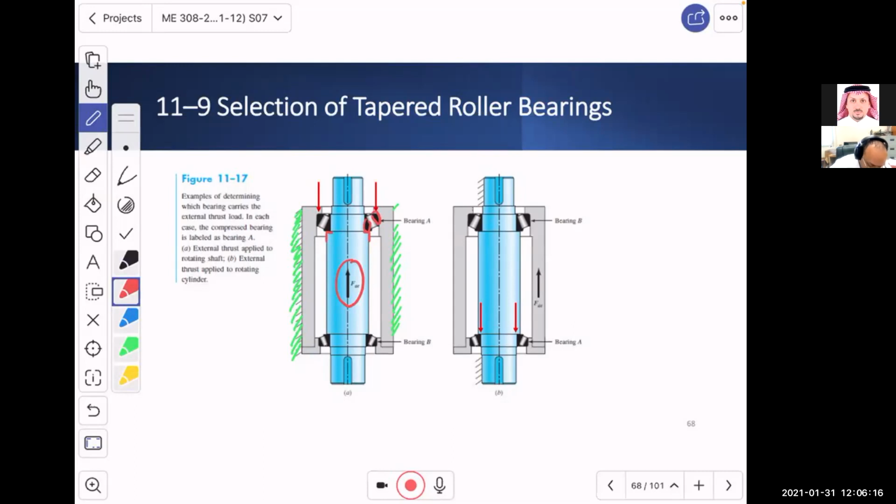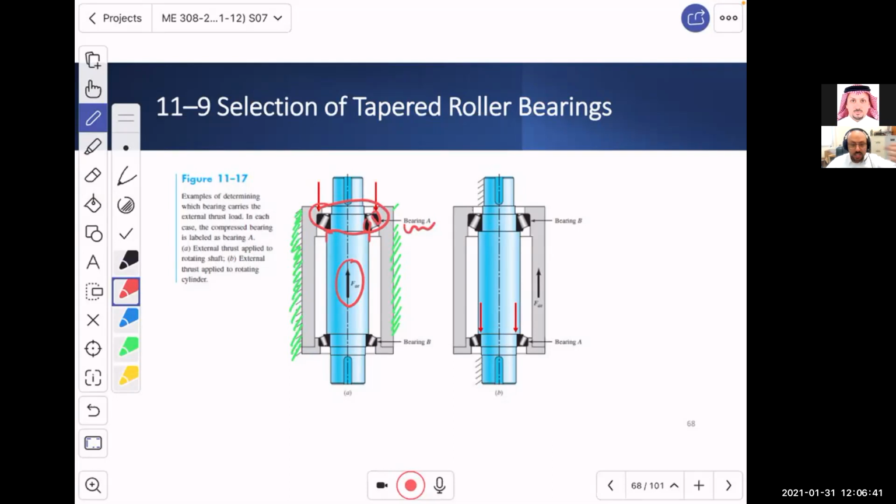So bearing A, or this bearing, is called bearing A. It is a convention in this book to determine which bearing is being squeezed and then call it A. What does squeezed mean? It means it will carry the thrust load.